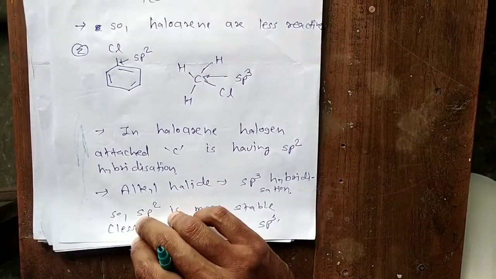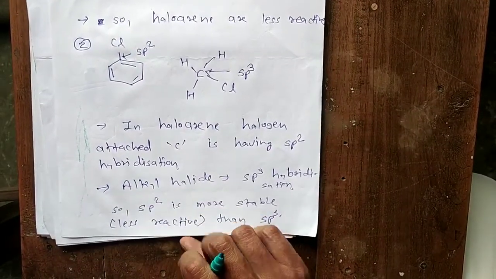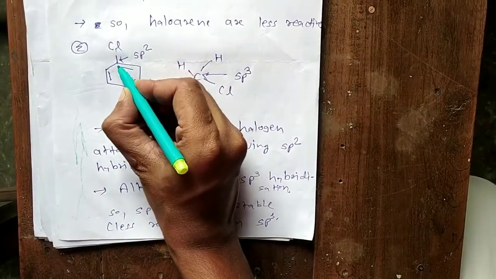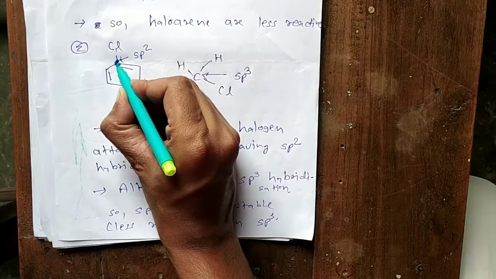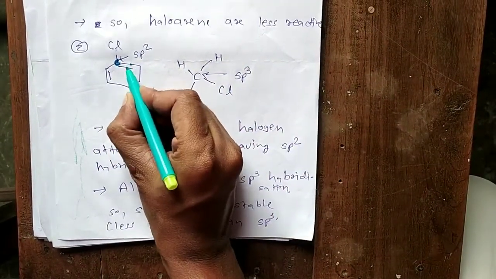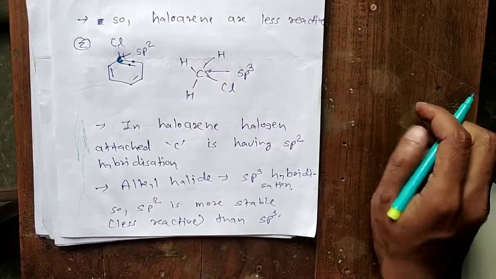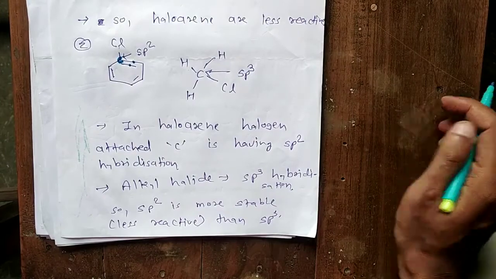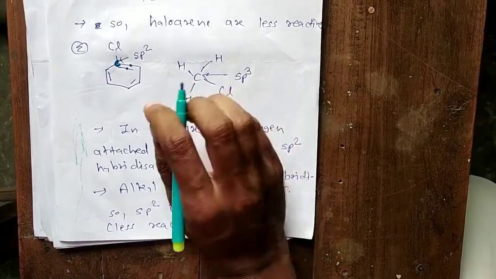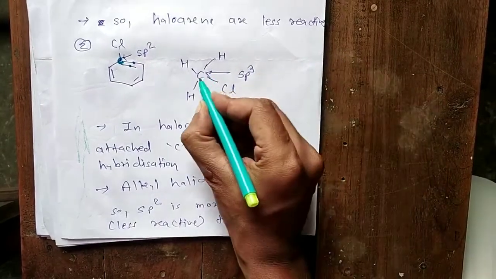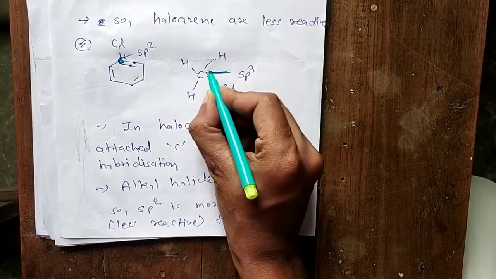Now look at the second reason, that is hybridization. You can see this chlorine is attached to this carbon. Now this carbon has a double bond on it, so this carbon is an sp2 hybridized carbon. In simple alkyl halides, say methyl chloride, the carbon is sp3 hybridized.